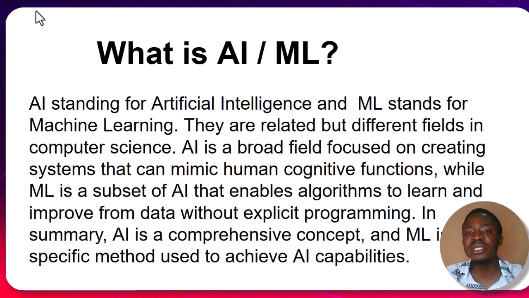With that data, the machine learning model can predict and analyze her health situation. And you don't need explicit programming, and that is the amazing part. That is why this class is for you who are not a pro in coding. So in summary, AI is a comprehensive concept, and machine learning is a specific method used to achieve AI capabilities.